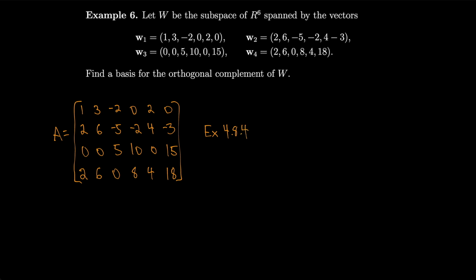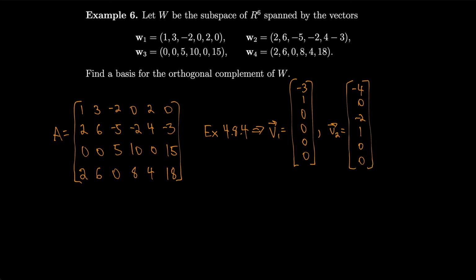That gave us vectors v1 equal to -3, 1, 0, 0, 0, 0, v2 equal to -4, 0, -2, 1, 0, 0, and v3 equal to -2, 0, 0, 0, 1, 0.